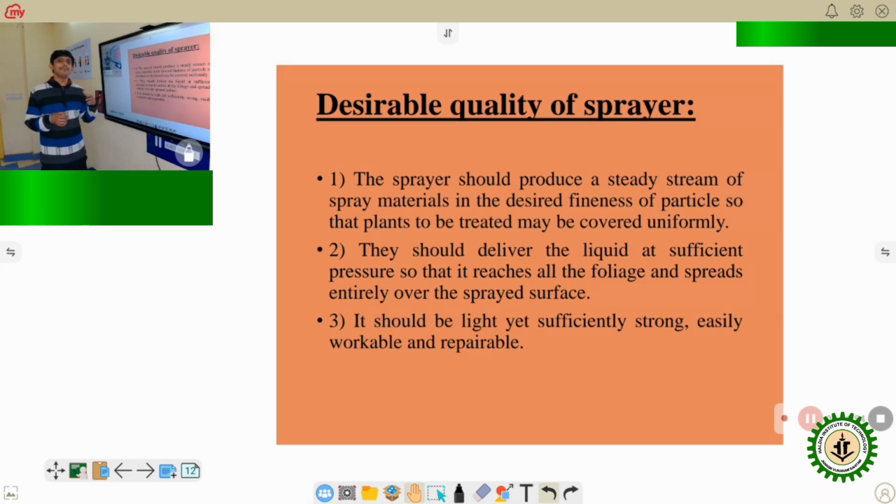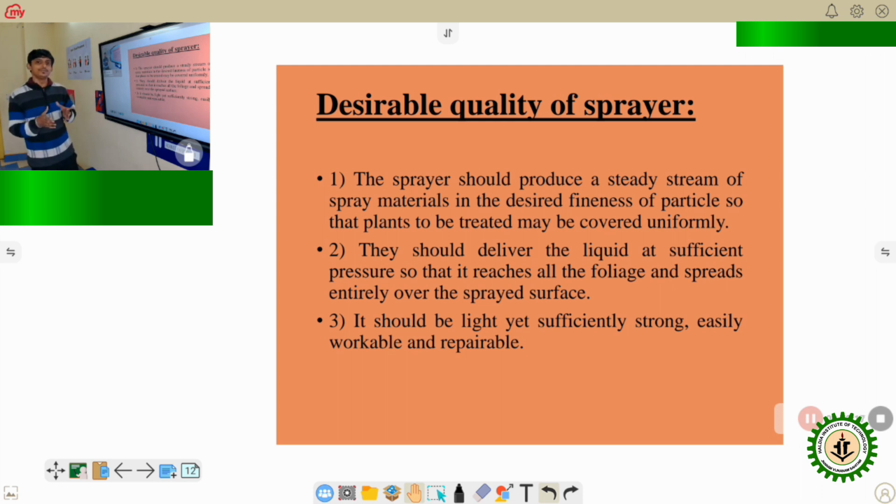Here I am showing some desirable characteristics of the sprayer. The spray should be produced in steady streams, so that it produces fine particles that can be uniformly and effectively distributed.